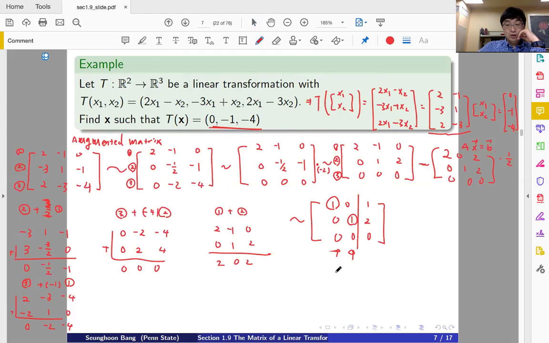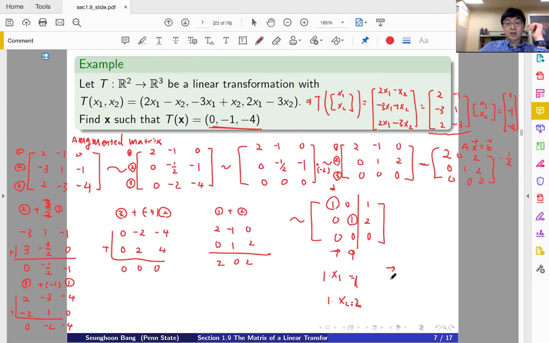Was it like x1? x1 times 1 plus 0 times x2 is 1. The second one, 0 times x1 plus 1 times x2 equals 2. 1 times x2 equals 2. So we have it. What's the answer? x1 equals 1, x2 equals 2.